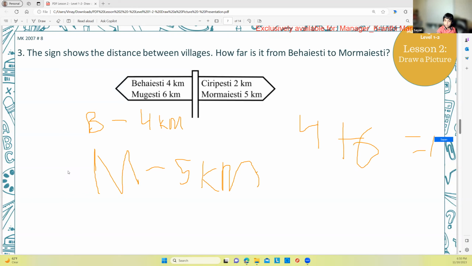Then Kiripisti 2 kilometers plus Mormaisti 5 kilometers. That would be 7. So 10 minus 7, 3 kilometers.